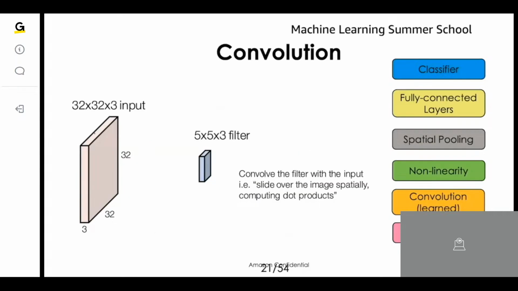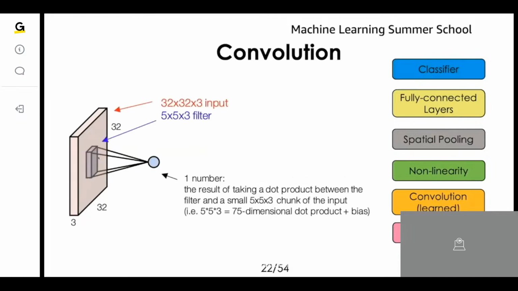So suppose you have an input image of 32 cross 32 cross 3. Your filter will be of size 5 cross 5 cross 3, and the depth of the filter usually matches the number of channels in the input. So you perform the convolution. At each location, you multiply all the elements of the filter with the corresponding elements at the location at which the filter is placed in the image, and you get a single output.